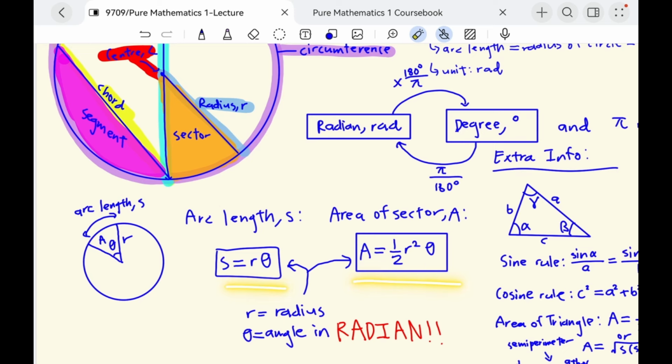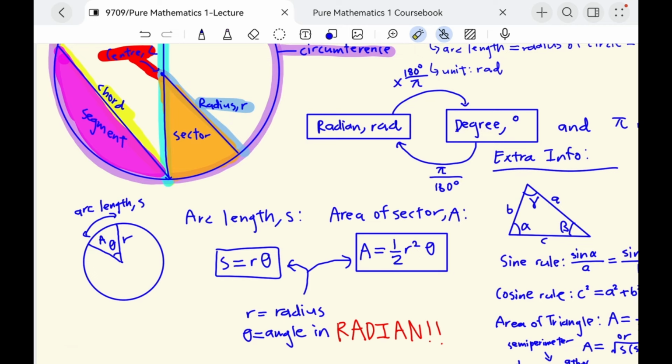I think you should know them from secondary school. Just move your knowledge from secondary school to here, because this is the discussion of Pure Mathematics 1 in A Level. I don't think I will derive these two formulas for you, but if you want, you can request it in the comment section below.